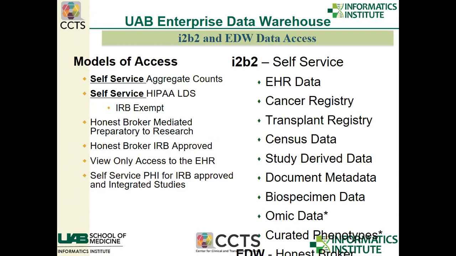So we have built tools, and I'll show you one called I2B2 that lets you get data yourself. All day, every day, anybody with a Blazer ID can do it. And you can identify populations of patients based on a whole host of clinical characteristics. There are, I think at the last count, 600,000 plus unique clinical variables included in I2B2, and that doesn't include the omics.